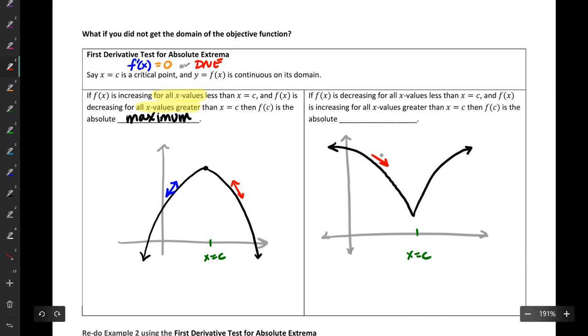My first derivative is always negative for x less than c, and then it's always positive for x greater than c. That makes f of c not just a local minimum, but also an absolute minimum.